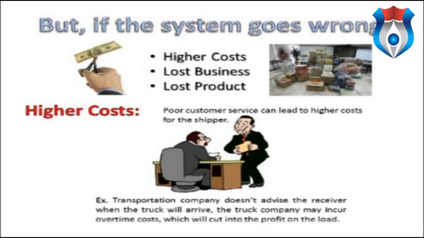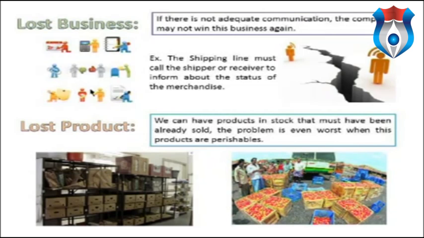In the higher costs, poor customer service can lead to higher costs for the shipper. For example, the transportation company doesn't advise the receivers when the truck will arrive. The truck company may incur overtime costs, which will cut into the profit on the lot. Lost business.